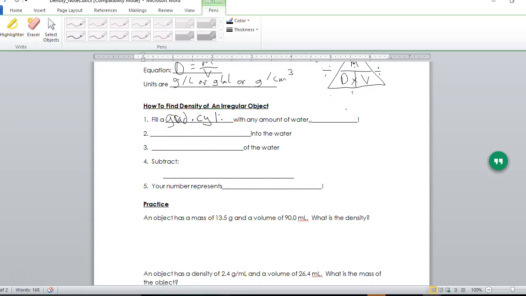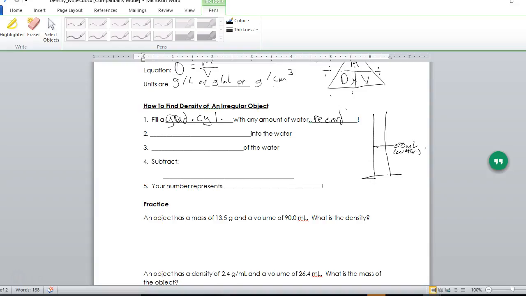A graduated cylinder with any amount of water, but you need to make sure you record this. For example, maybe I had a graduated cylinder and I filled it up exactly at the 50 milliliter mark. So that's where I filled up my water, at the 50 milliliter mark.